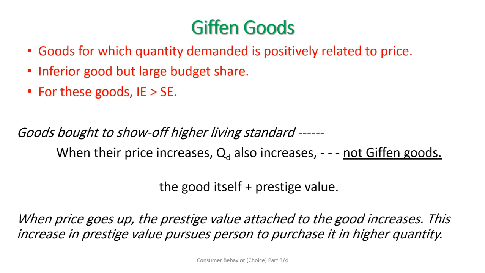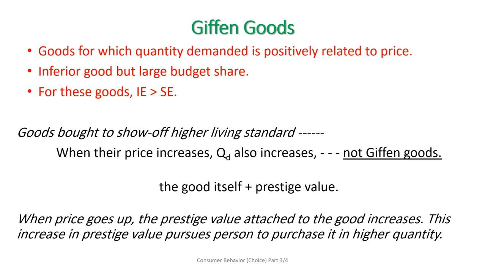There is another confusion about the Giffen goods. There are some goods that are bought to show off higher living standards. And we observe that when their price increases, their quantity demanded also increases. However, keep in mind that these are not Giffen goods. The person who buys such a good actually buys two goods. It's a two-in-one package. One is the good itself, and second is its prestige value.